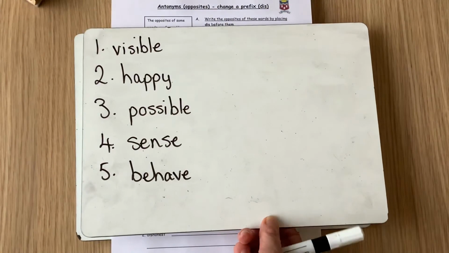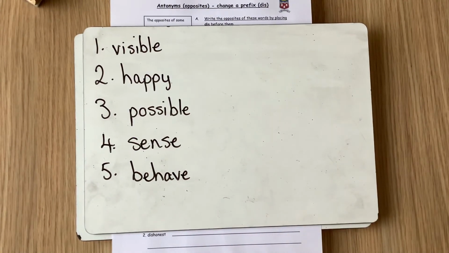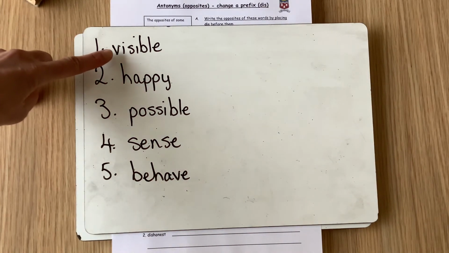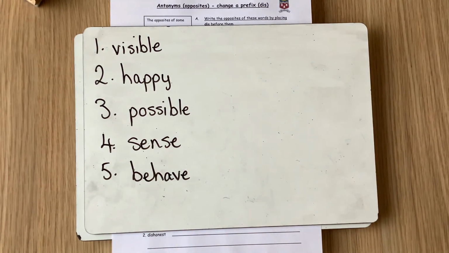Now, if you get all that done, there are other prefixes out there apart from the letters dis. I wonder if you could work out for me what the prefixes are that would go in front of each of these words. If something is visible, I can see it. But if I can't see it, what's the new word?